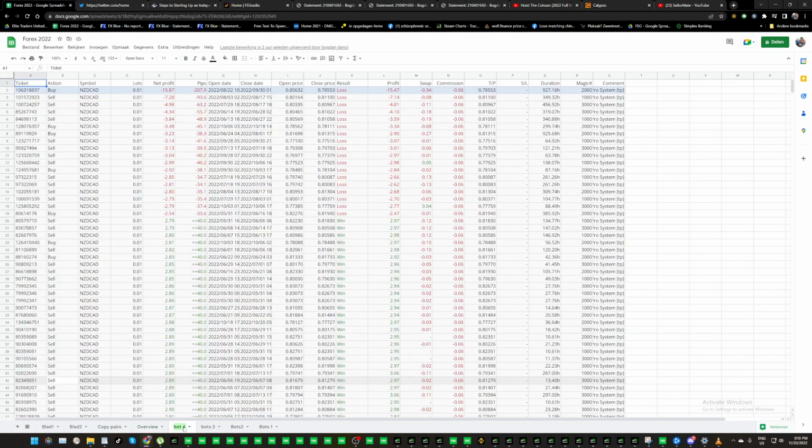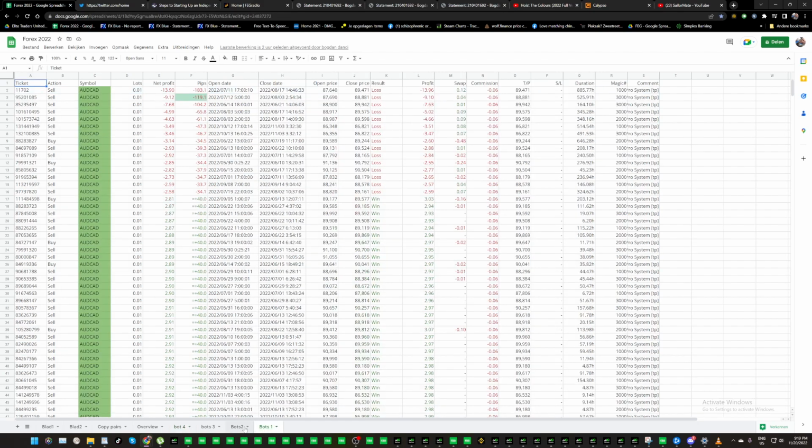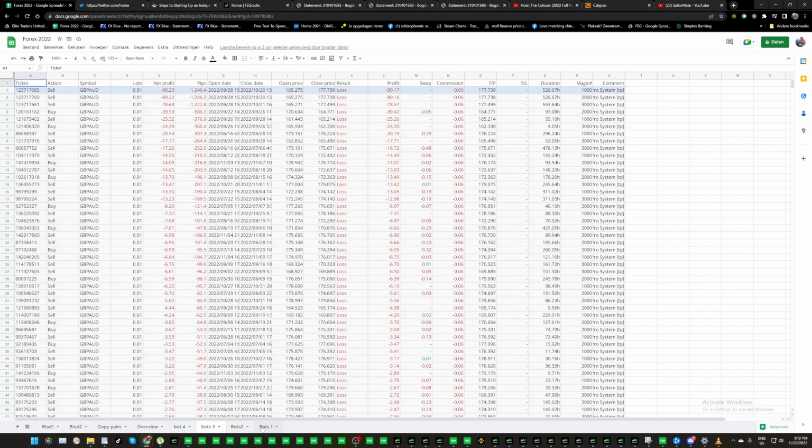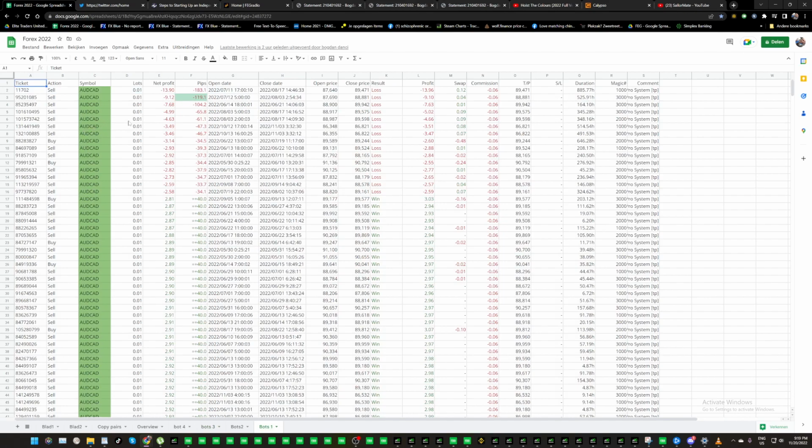All right, so in our Excel file you can see the four accounts with all of the trading results, and I'm gonna show you guys the first trading pair, the Australian Canadian dollar.